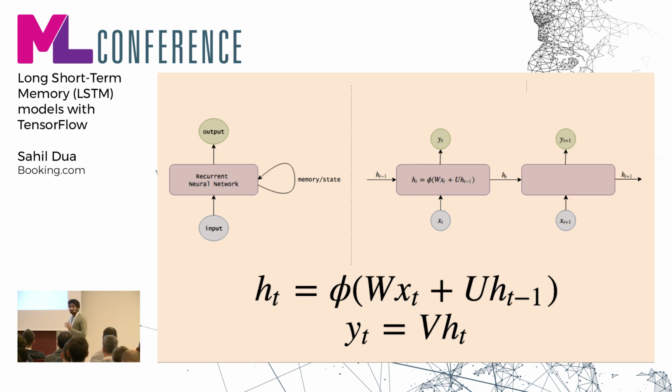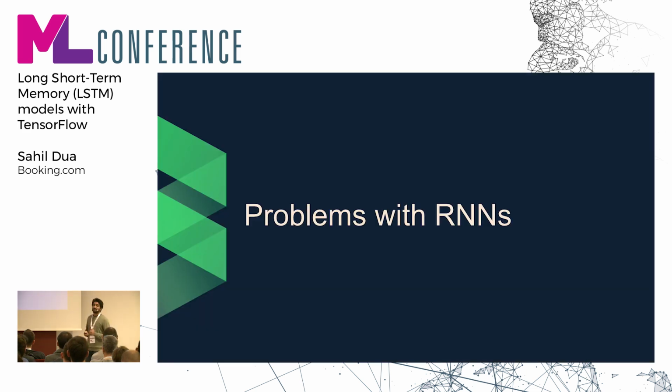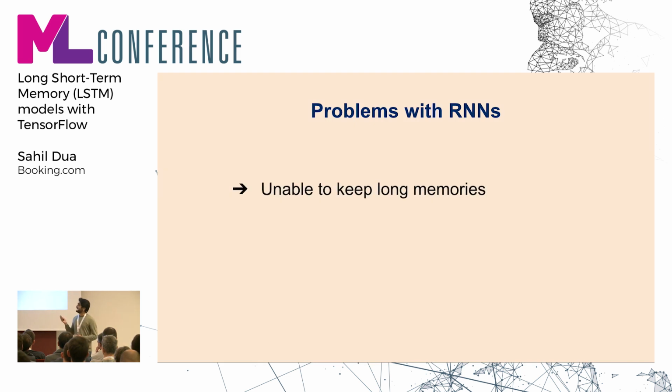So while this looks really good, there are still some problems with RNNs. We are able to look at the current changes and store some knowledge about the state. But it's not really able to keep long-term memory because of how it's implemented.